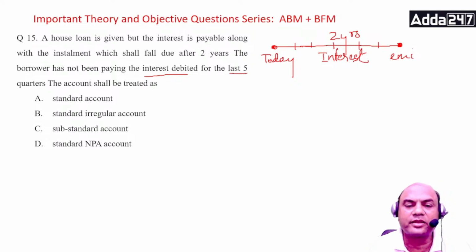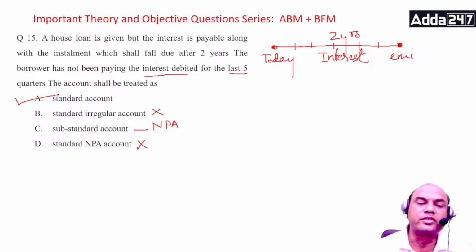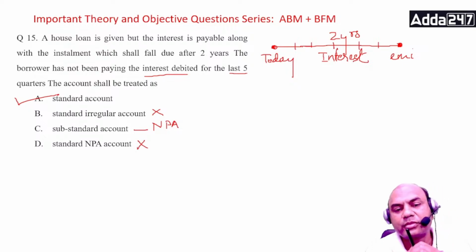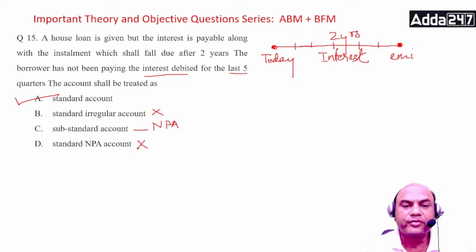There is nothing called a standard NPA account. Substandard account is basically NPA; NPA starts with substandard, isn't it? Standard irregular account is also nothing like this. So the answer is A, standard account, if a housing loan is given but the interest is payable along with the installment.